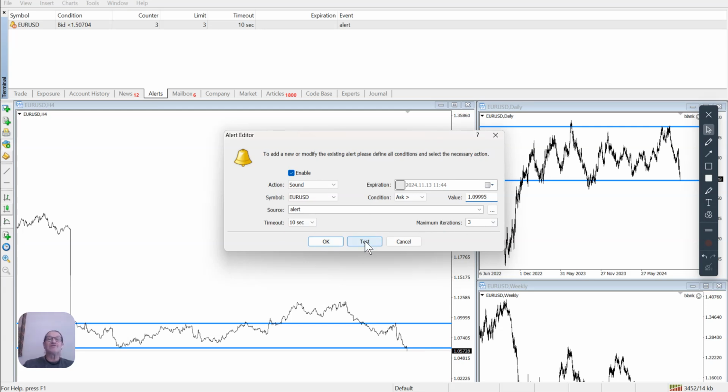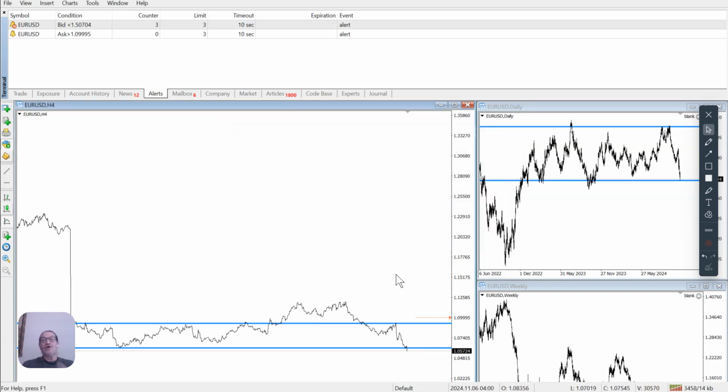We'll click on test to confirm it's working. We save this, and here you go. Now you noticed there is an arrow that appeared right here. This is telling you that you have an alert set that will notify you by means of sound on your computer that this alert will be triggered once price reaches that level in an up direction.